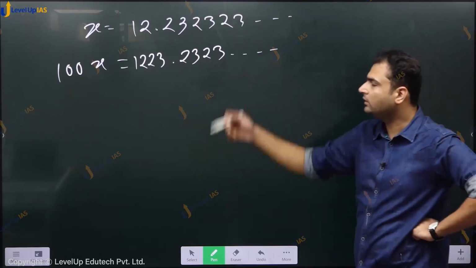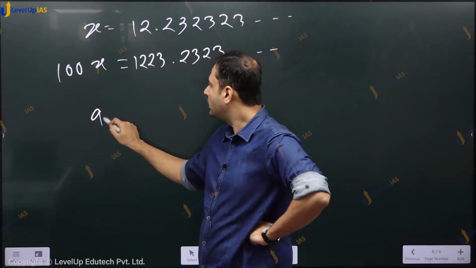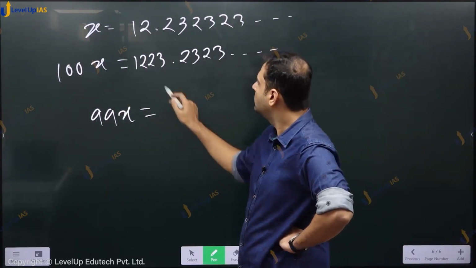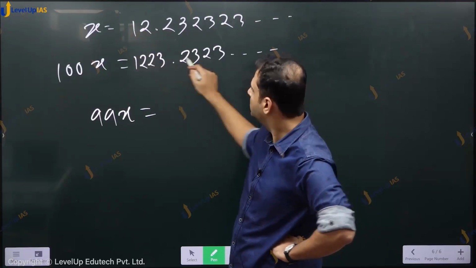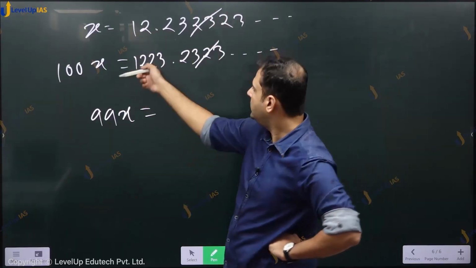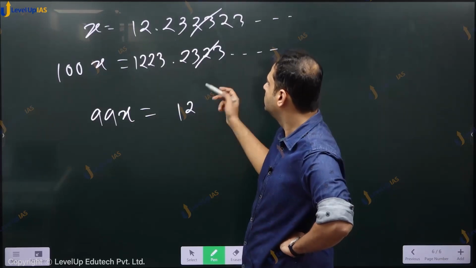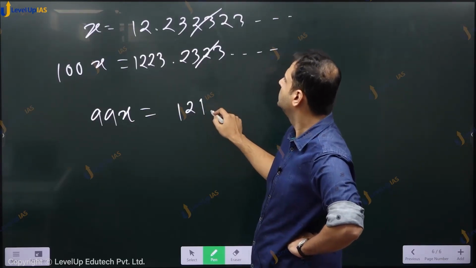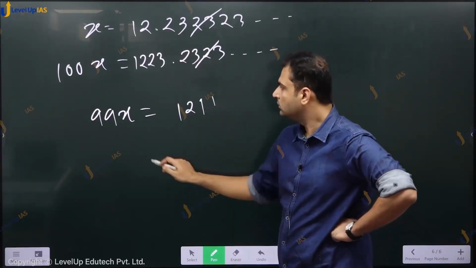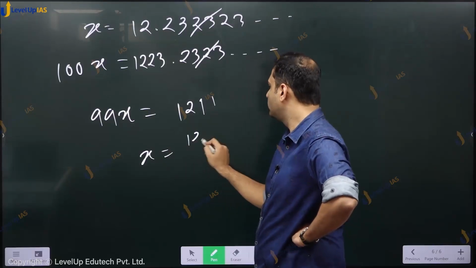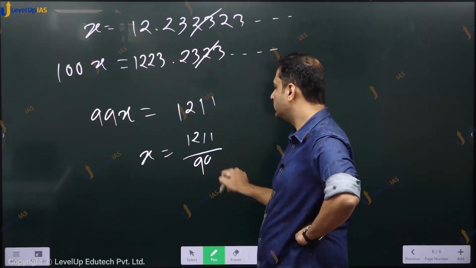And now I subtract. What do I get? I get 99x is equal to 1223 minus 12. This part gets cancelled, and 1223 minus 12 is 1211, and so x is equal to 1211 divided by 99.